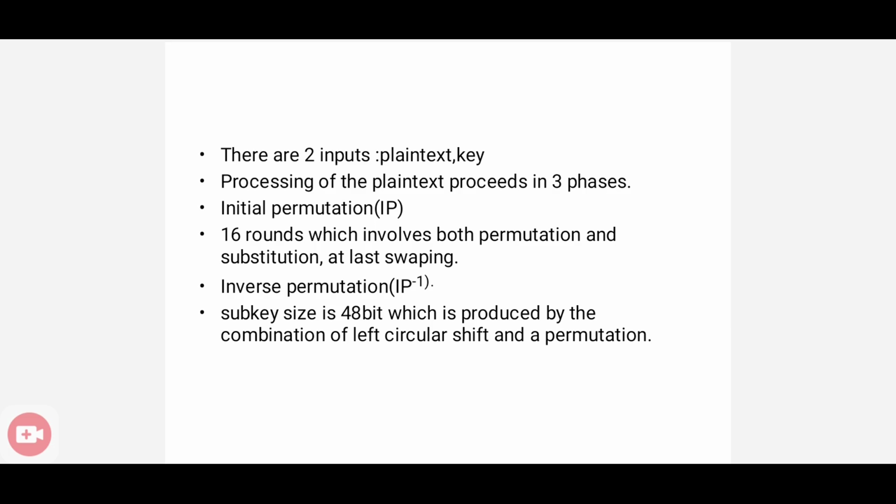Third phase is an inverse permutation. There are 16 rounds and for each round there will be a subkey. These subkeys are generated from the original key. Original key length is 56 bit but the subkey length is 48 bit. So we have 16 rounds in DES, and we need 16 subkeys from the original key.